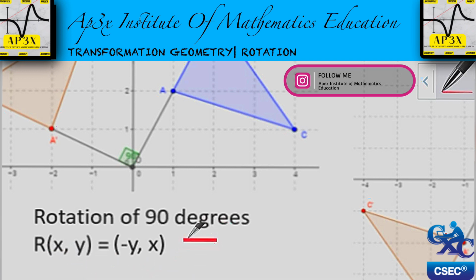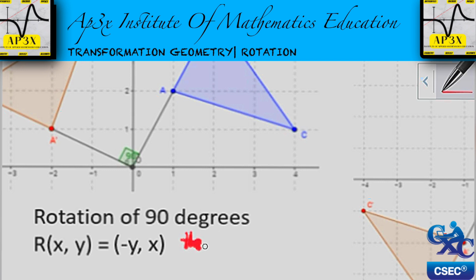Let me just write that down. The ordinate values are interchanged. I think my space is too small, guys, so I'm just going to say it verbally. So I switch the position of the x and the y, but upon switching, I also change the sign of the y.